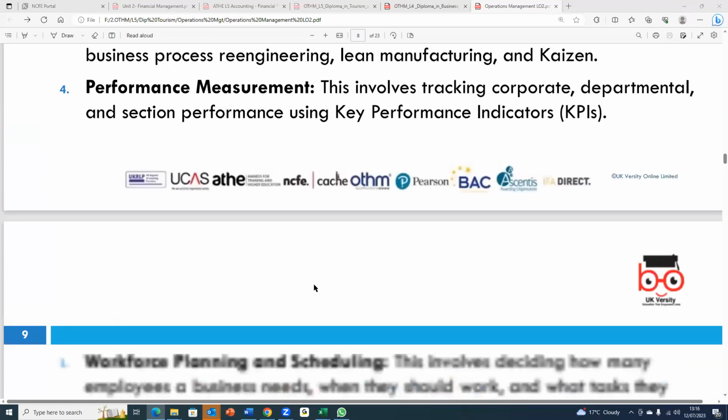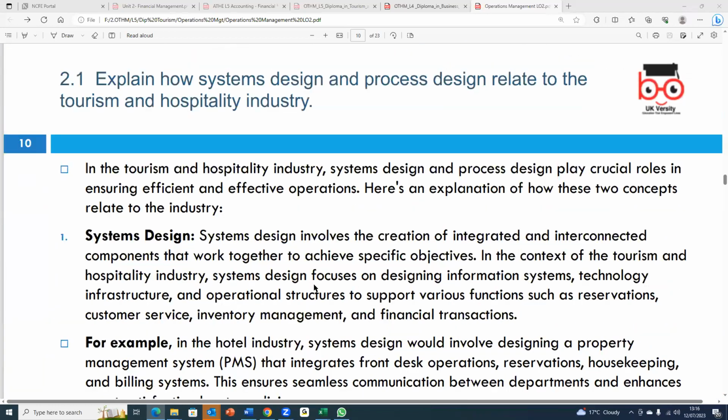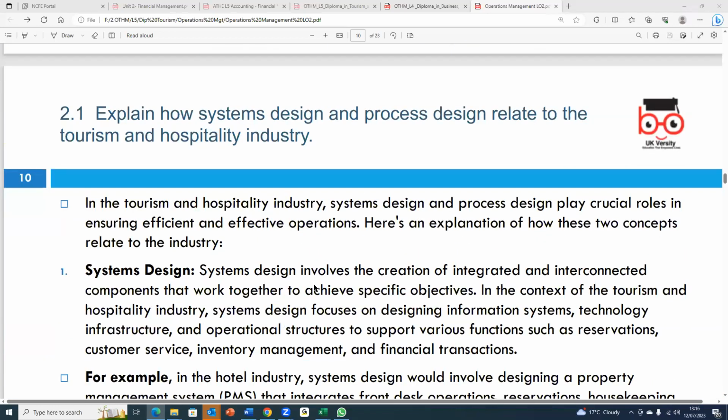Okay, now let's look at 2.1, for example. What does 2.1 say? It says explain how these systems, designs, and processes relate to the tourism industry. So you have lots of different systems in place. You have information systems, you have IT systems, you have software. How can they be used in the hospitality industry?